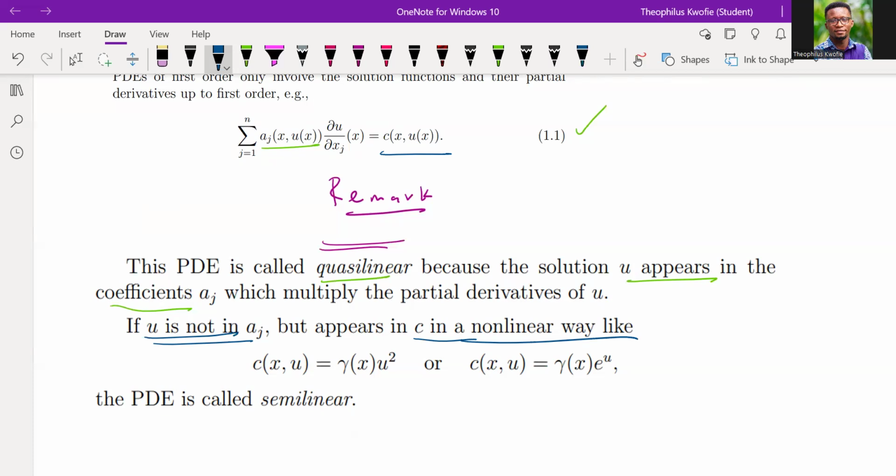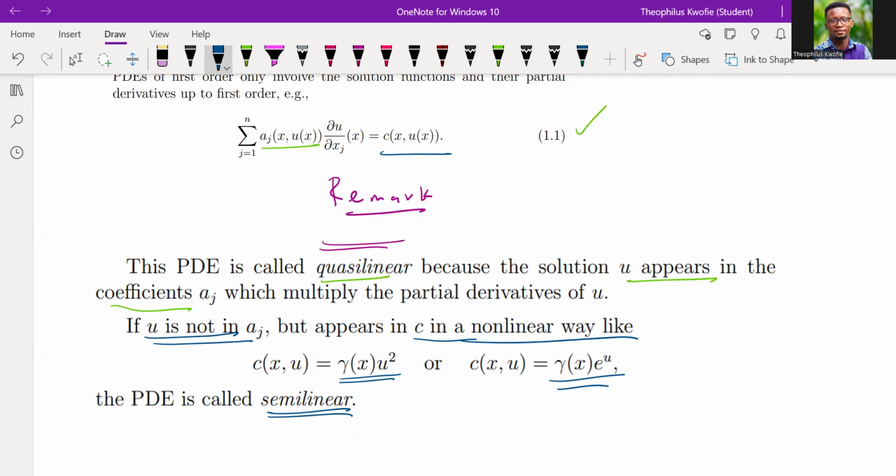If C happens to appear this way, or if C is of this form, with e to the power U, this is nonlinear. So in such a case, we say that the PDE is called semi-linear.